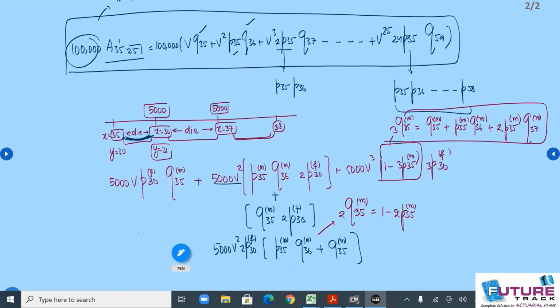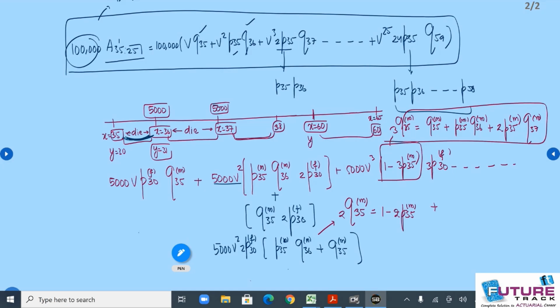Clear class? Any problem with this stuff? And this will go on. Plus, we are stuck with one scenario. See the benefit, they said the benefit is given till y becomes 60. So when y becomes 60, at that time the age of x is what? 65, right? But in the question it is said x must die between 35 to 60, then only this benefit is given.